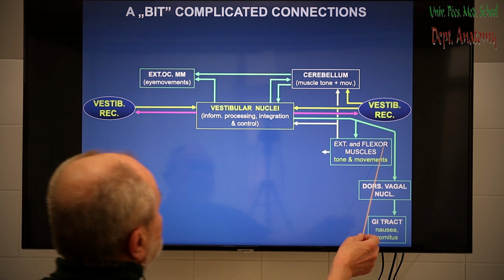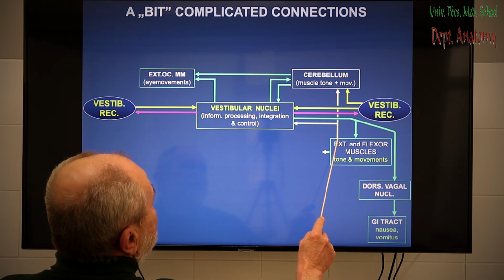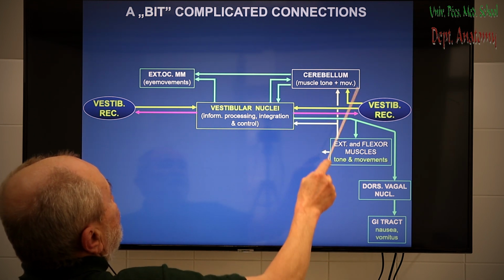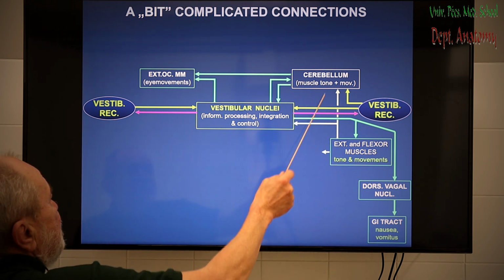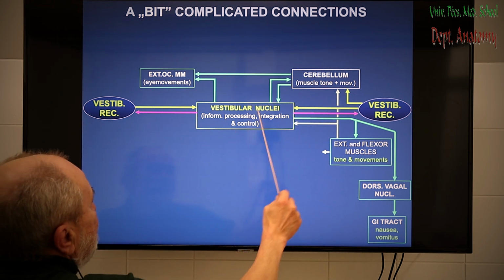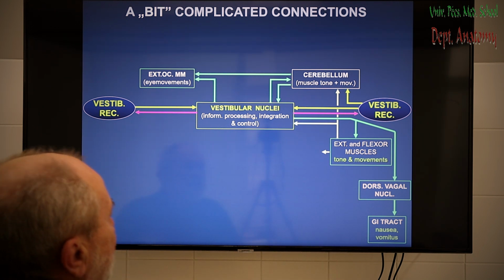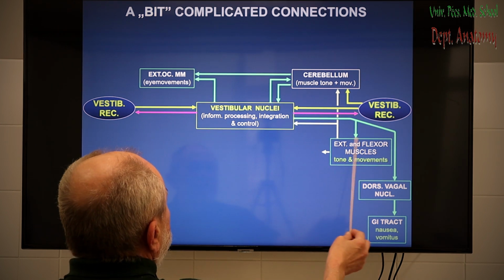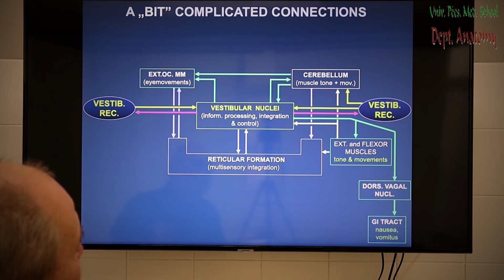Information from muscles of the body through the spinocerebellar tracts reaches back to the cerebellum, where again the summarization of information happens, and according to the new result, the new effect is executed. Also from the muscles, the reticular formation gets information.